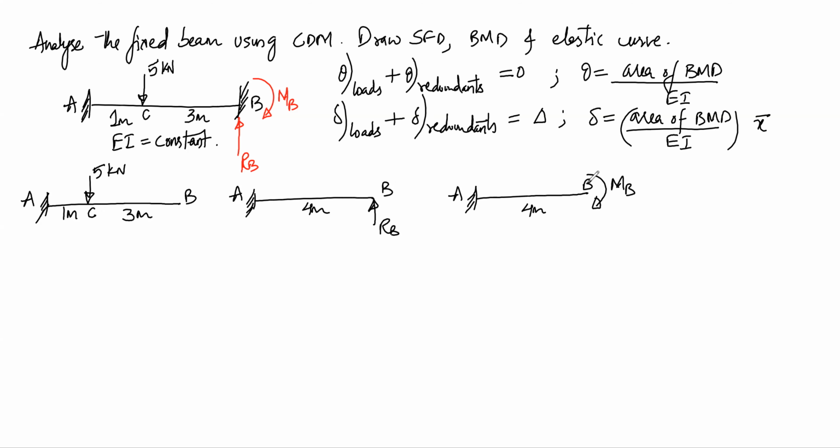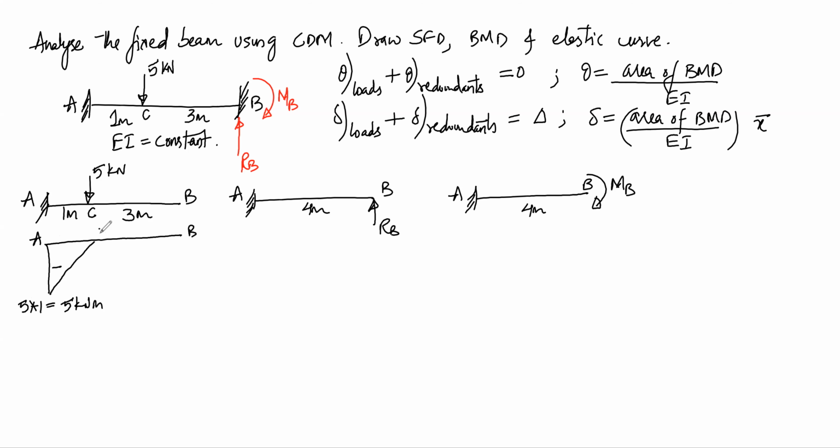Now the bending moment diagram for cantilever with 5 kilonewton load will be a hogging BMD with triangular variation, and the moment at A will be 5 into 1, that is 5 kilonewton meter, and this will be hogging.